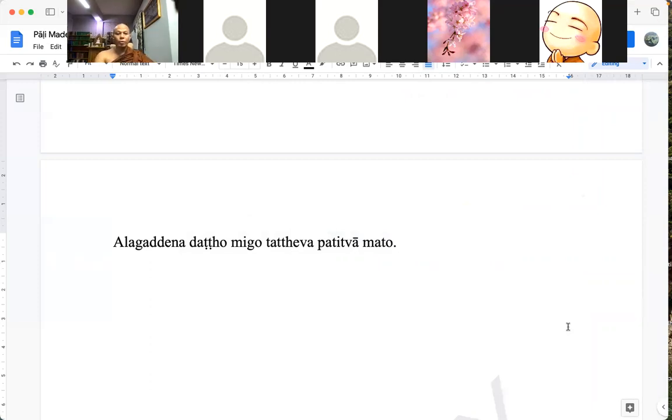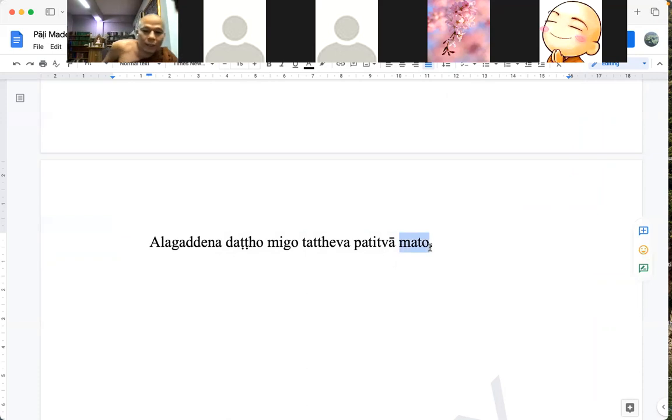Okay, right. So now in this sentence, you see, here also mato is the last one. Because of that we can say that it is the main verb. Mato is the past participle of marati, with the nominative case and singular.